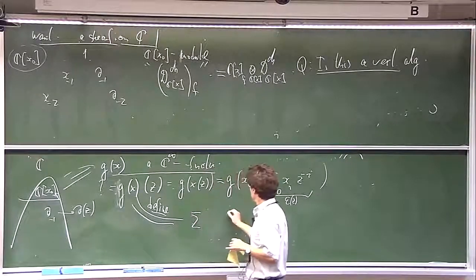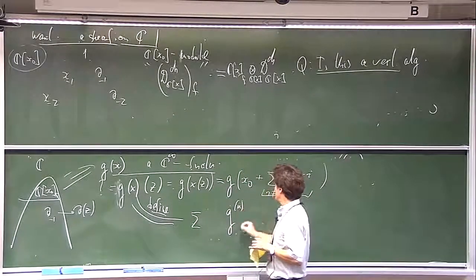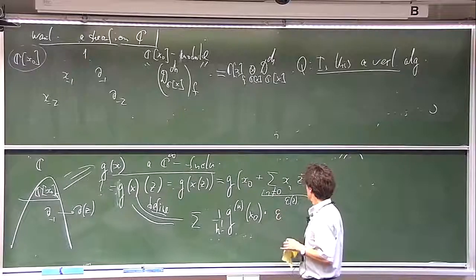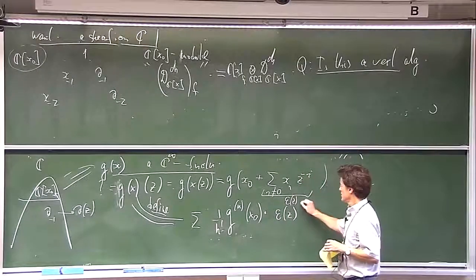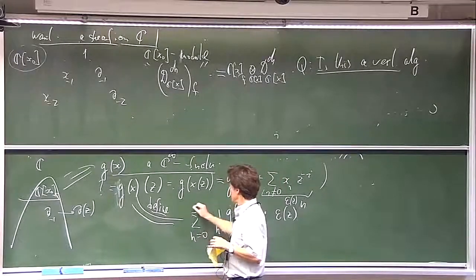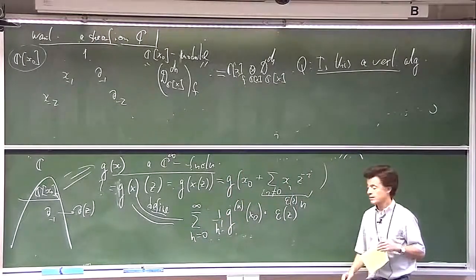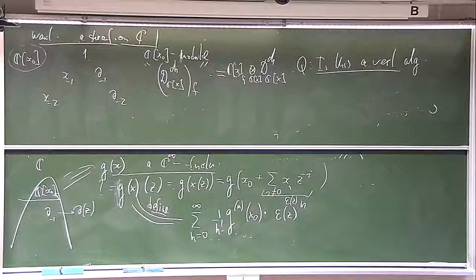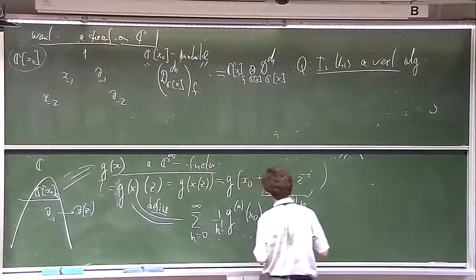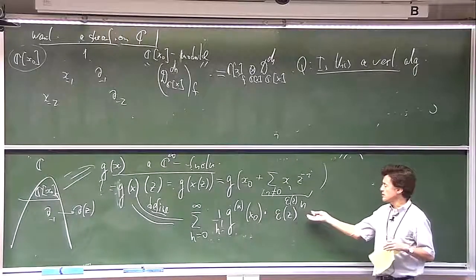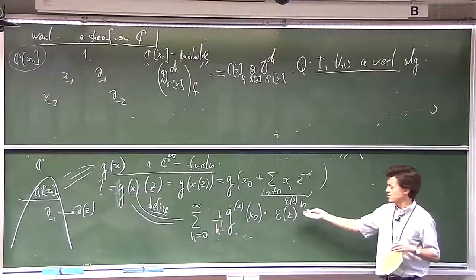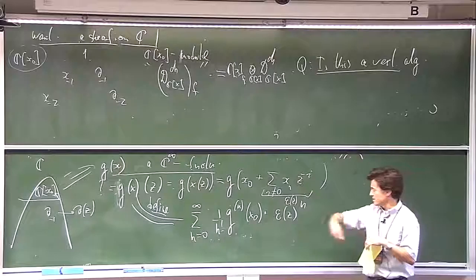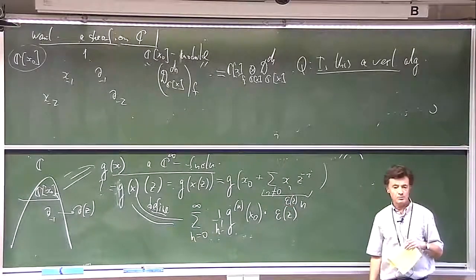So the sum of the nth derivative of g at x naught divided by n factorial times epsilon of z to the nth. It definitely makes sense. The result appears to be highly non-palatable, but it definitely makes sense as a collection of formal series with coefficients in operators operating on that module.